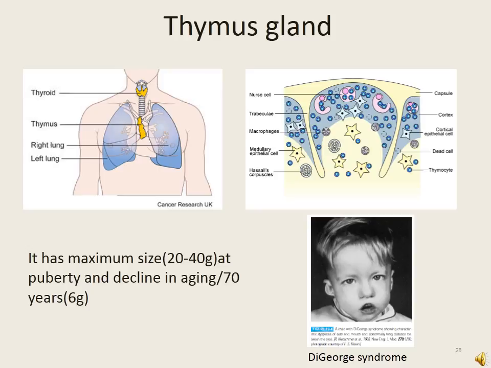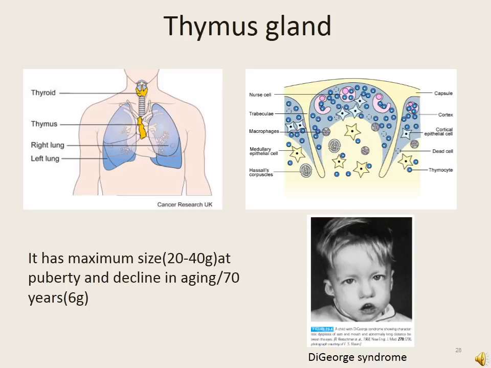The right hand side shows you that the thymus gland is important in the immune response. Remember that the thymus is what? The primary lymphoid organ, or the generative lymphoid organ, for the development of T cells.